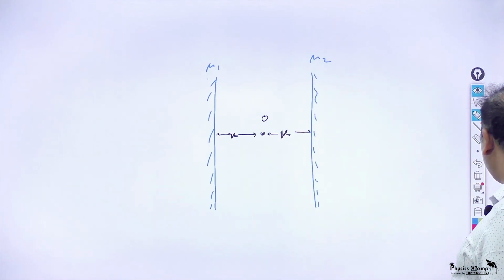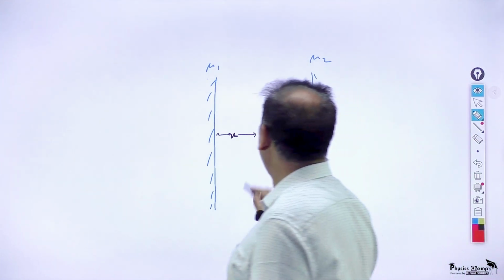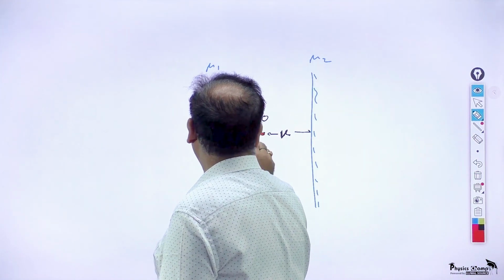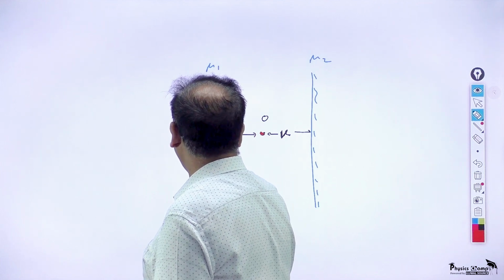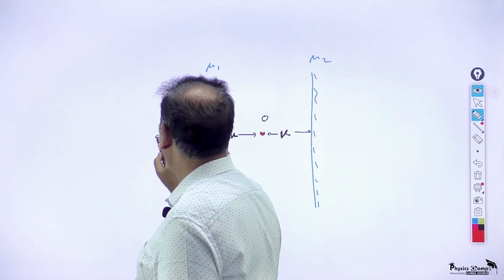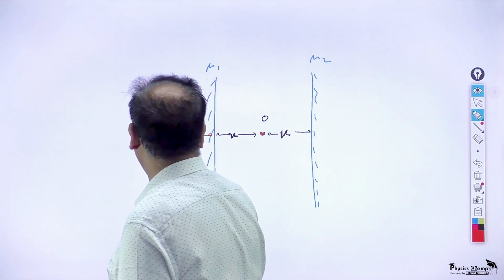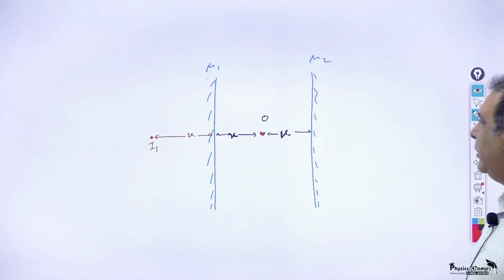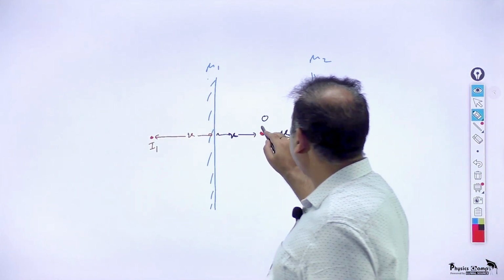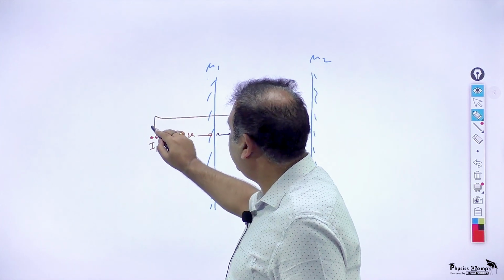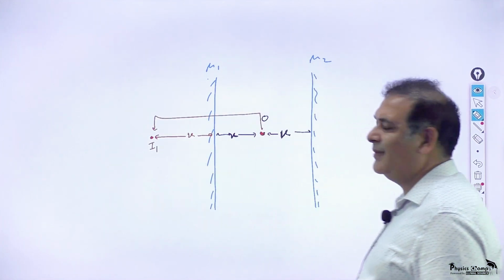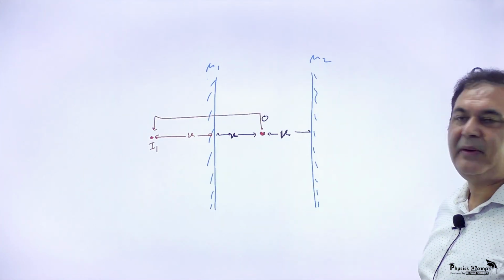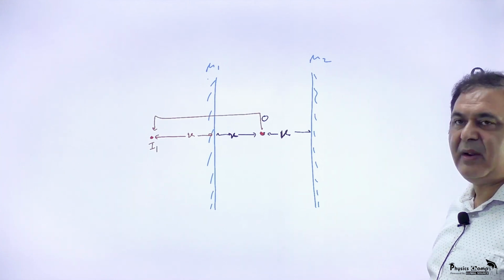Now this object will have its first image for mirror M1 at a distance x, virtual image I1. So the first virtual image is going to be at a distance x behind mirror M1.